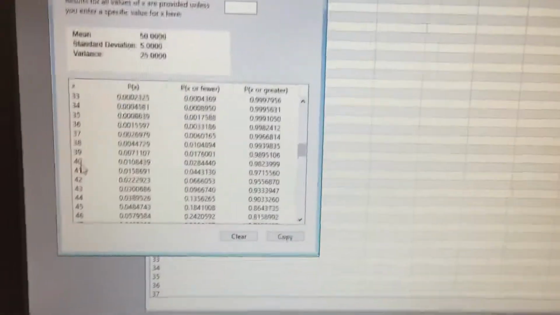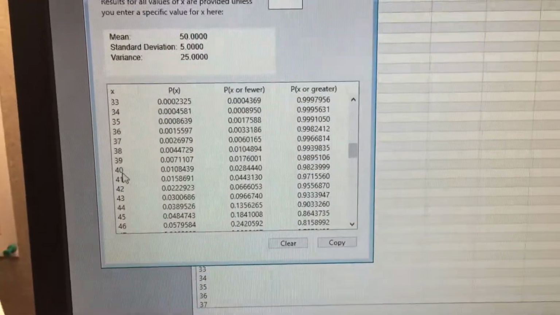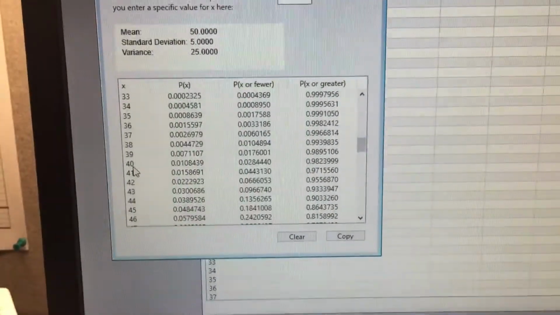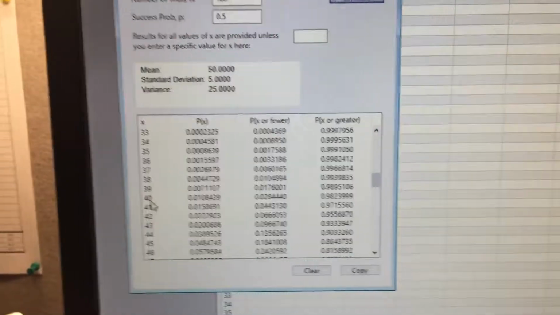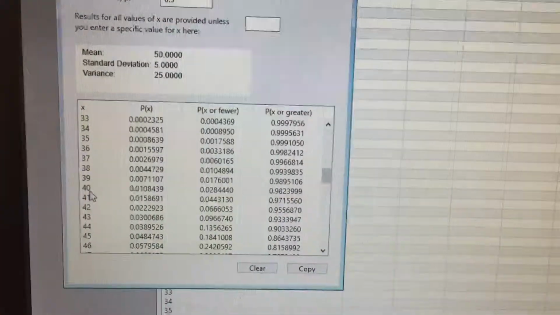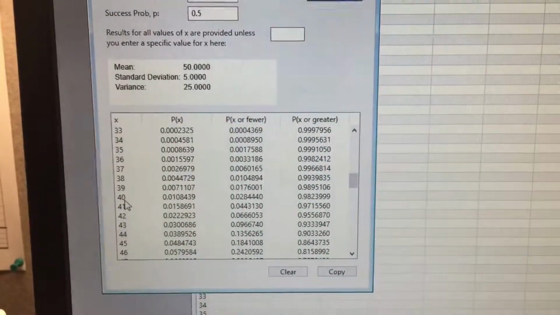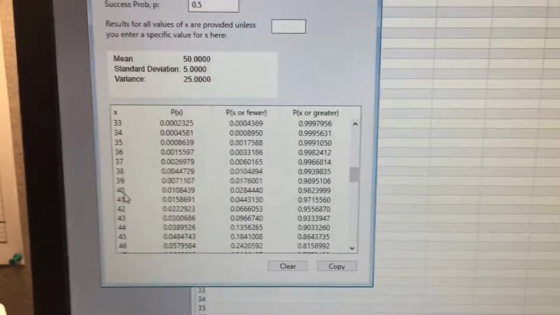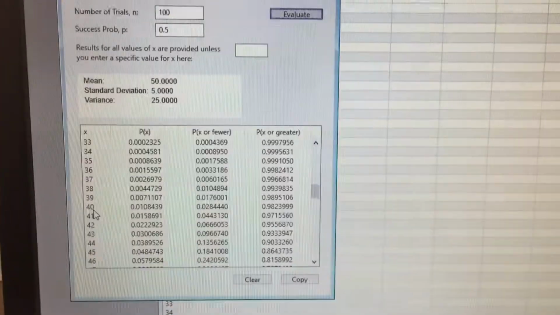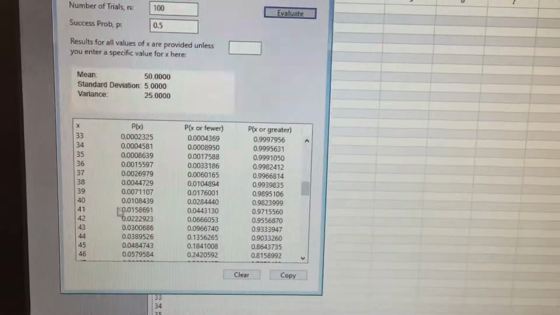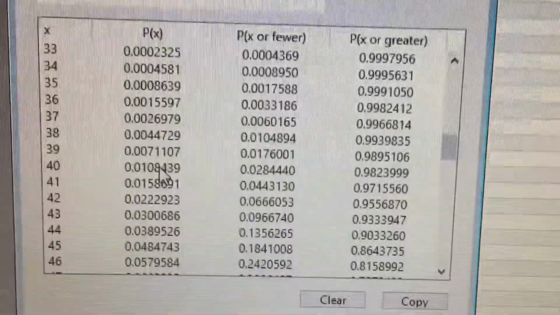Now the first column represents P of x, which is the probability of exactly whatever that x value is. Probability of x or fewer, that's the middle column. That's going to be 40 or less. And then the probability of x or greater means the probability of 40 or more. The one that you want to look at is the one in the first column. That's going to be this number right here.